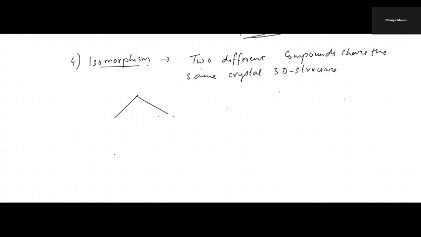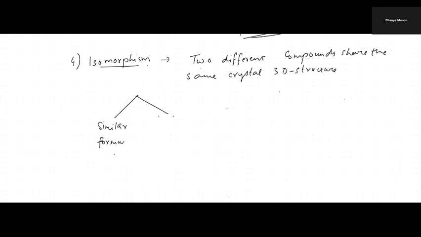Suppose this is not for a single atom. Here we compare two compounds together. For any compound to show isomorphism, they should have similar formula. Don't worry, I'll show with an example. They should have similar formula, not same, similar.